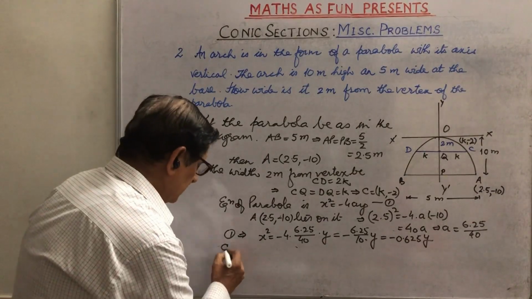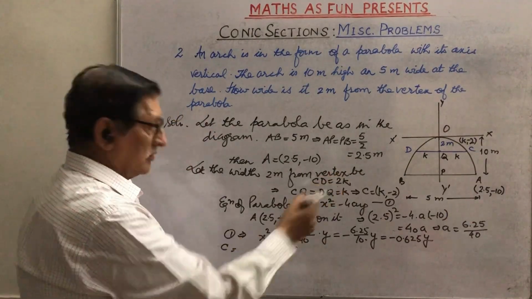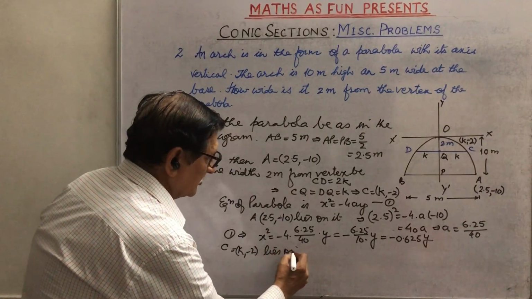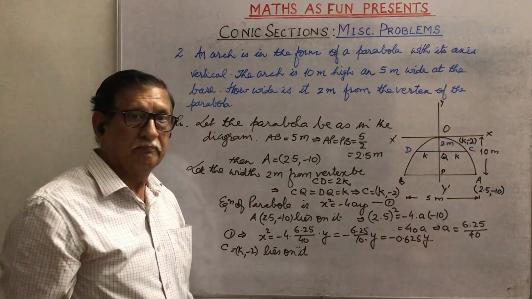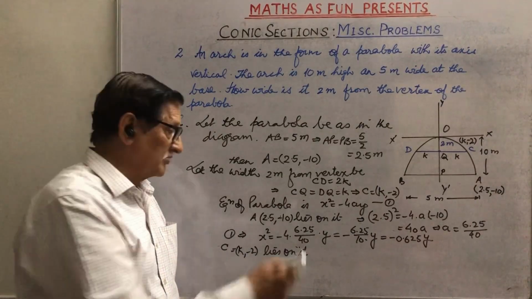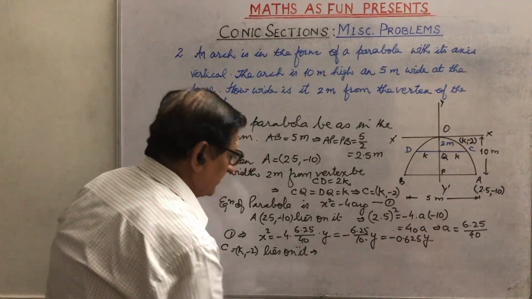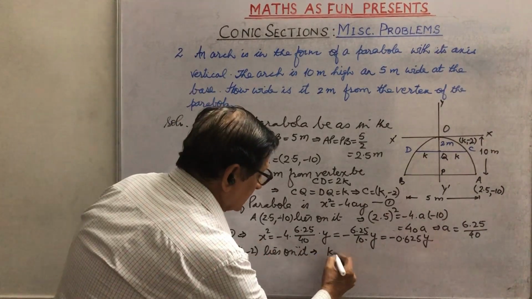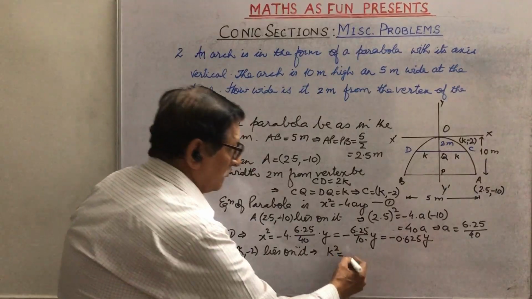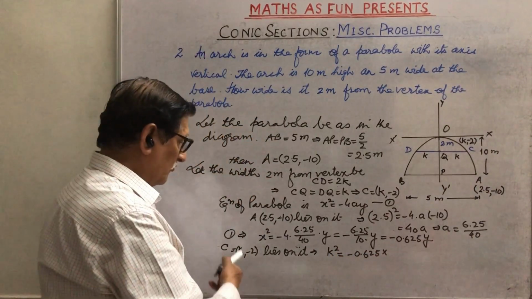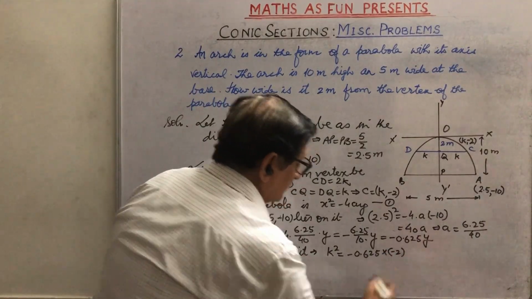Now we know C, which is k comma minus 2, lies on it or not. So we substitute the values of these coordinates in this. We are getting here x square, meaning k square, equal to minus 0.625 into y, which is minus 2.